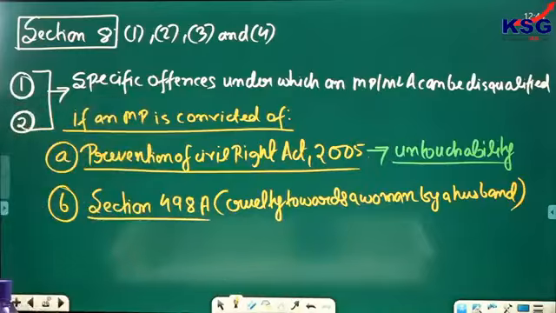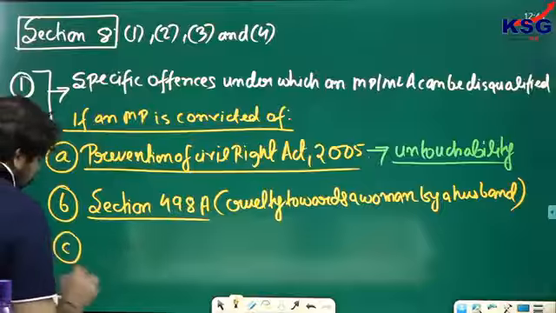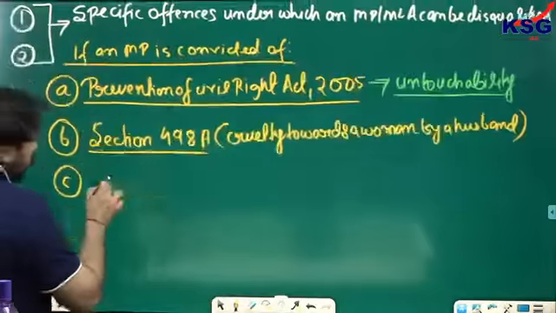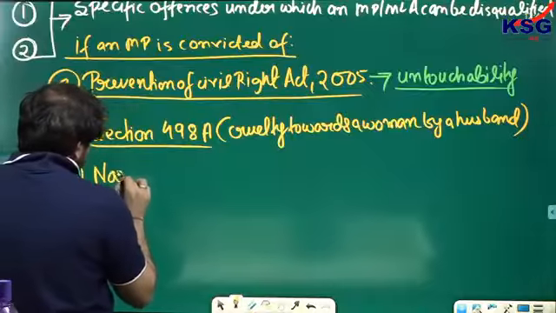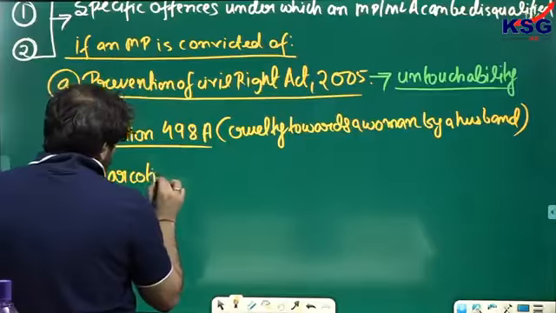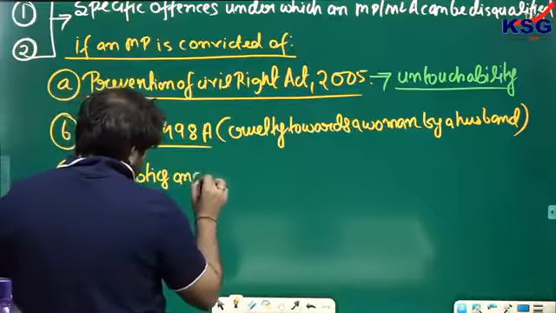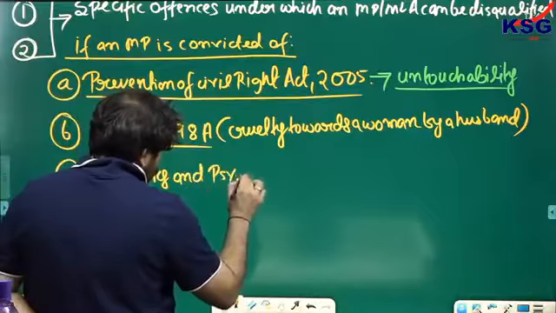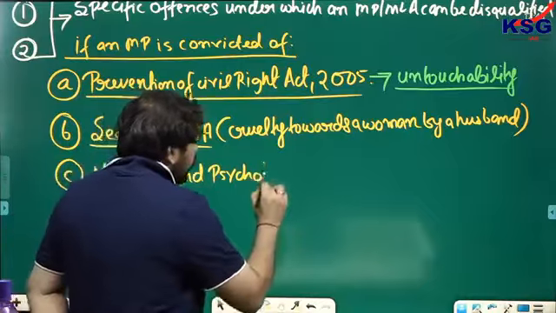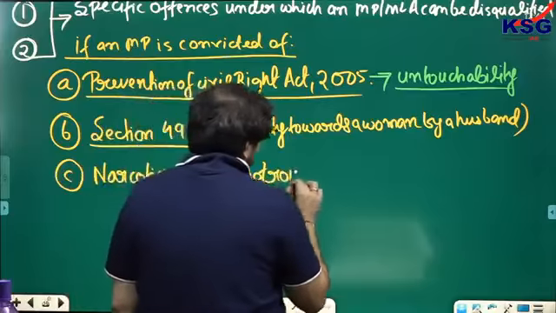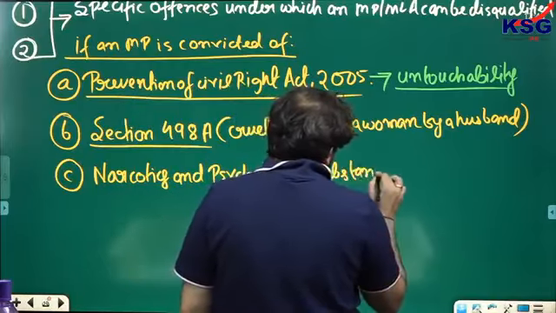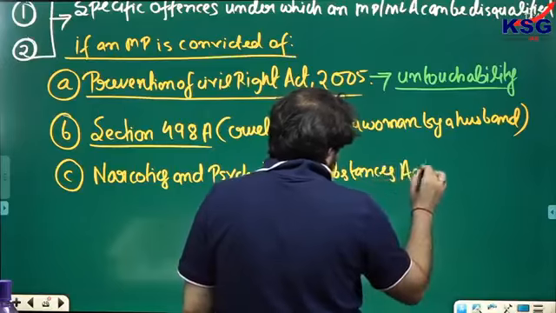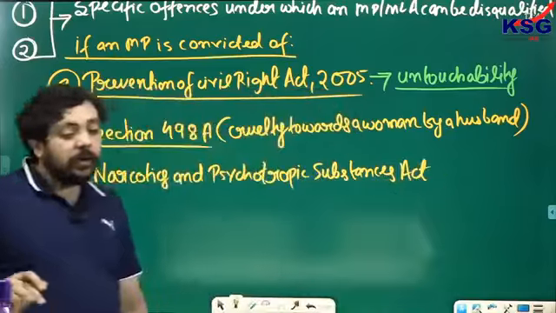Okay. Then let's say for example, C, any person who's involved under the offences of the Narcotics and Psychotropic Substances Act, which is basically anyone consuming drugs or involved in the trafficking of drugs.